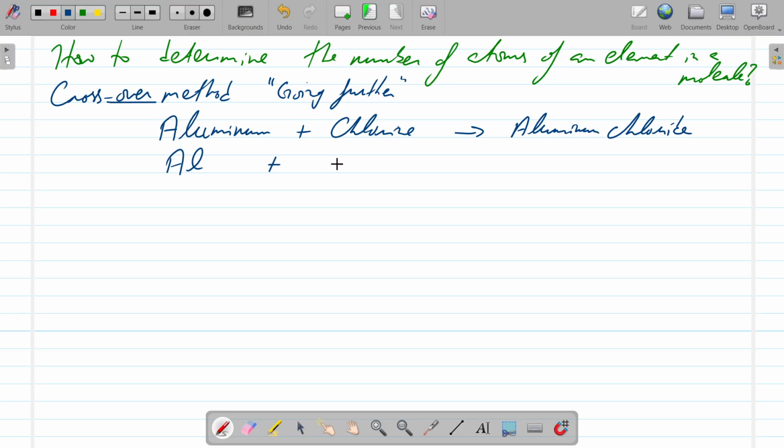It's a metallic structure, in its elemental state. Chlorine is diatomic, and what you end up with is AlCl3.